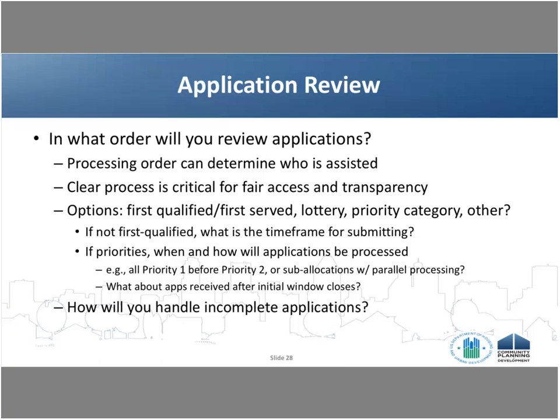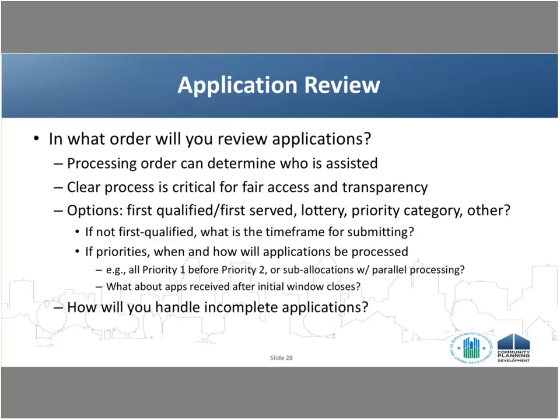If you elect to have priorities, when and in what order will the applications be processed? Will all priority ones be processed before priority twos, for example? Or will you sub-allocate some of the funds to the different priorities so that some applications in lower priorities are also reviewed and have access to funding at the same time, something we tend to call parallel processing.